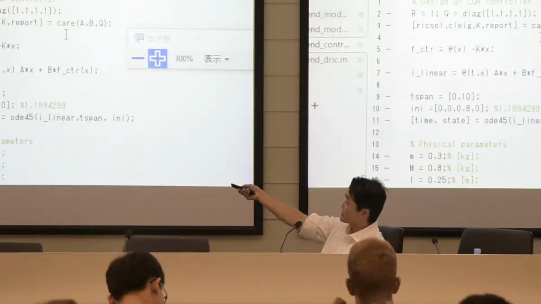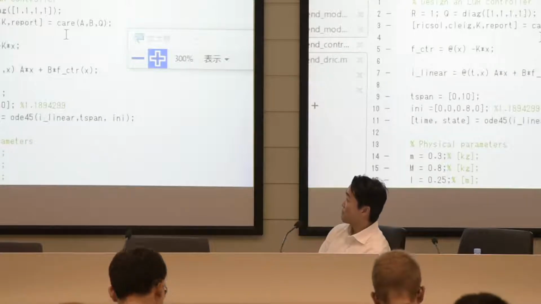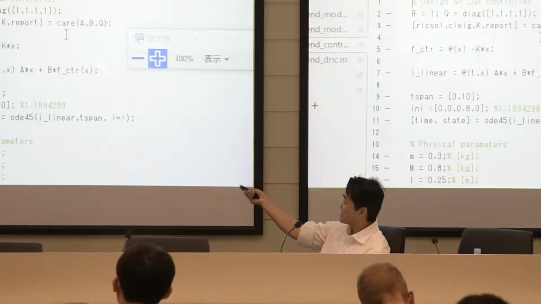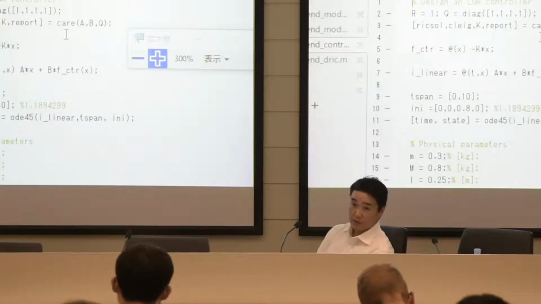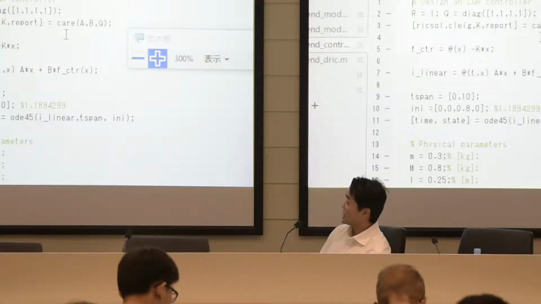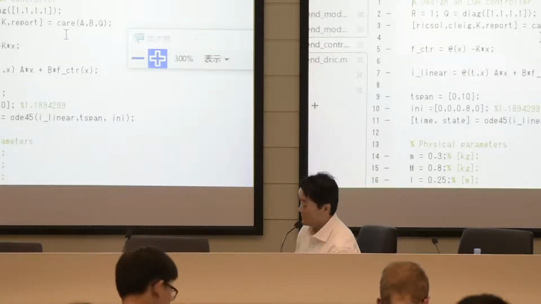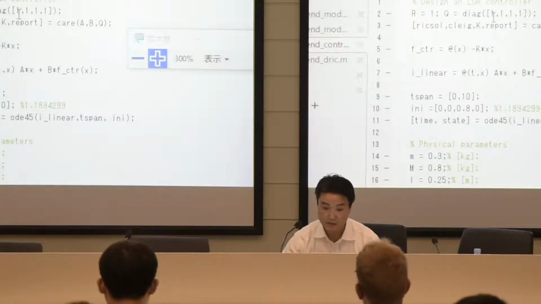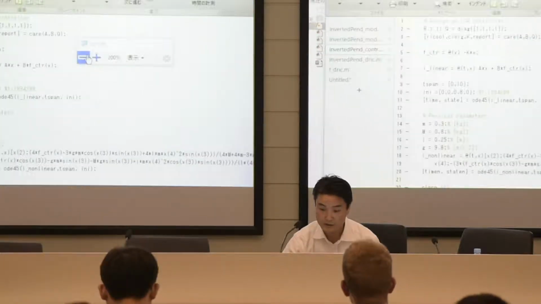And angular velocity is 0. And write like this. Then that's the simulation. Linear simulation. Very simple. Okay, try to see what you get up to here.